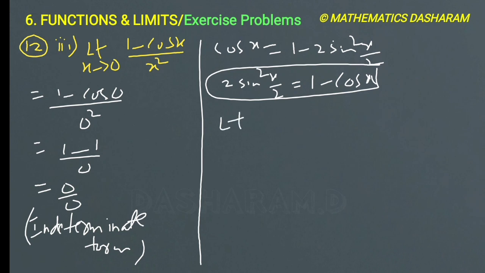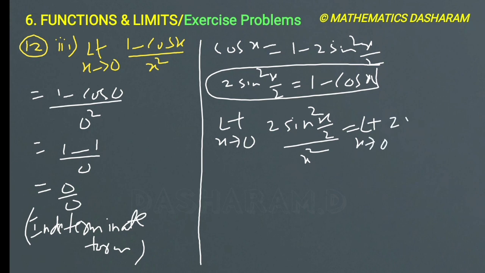So then limit x tends to 0. At the numerator place we can write 2 sin square x by 2 divided by x square. Here x by 2 is there, then in the denominator also we need x by 2. That is why, limit x tends to 0, 2 sin square x by 2: numerator divide with 4 and denominator also divide with 4.